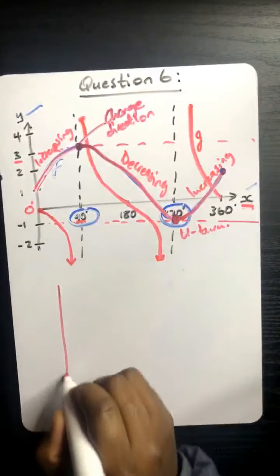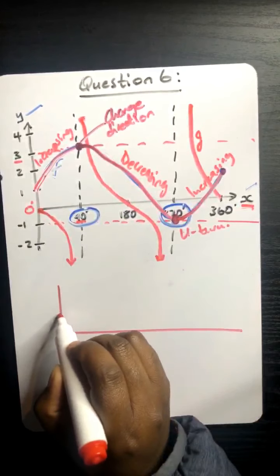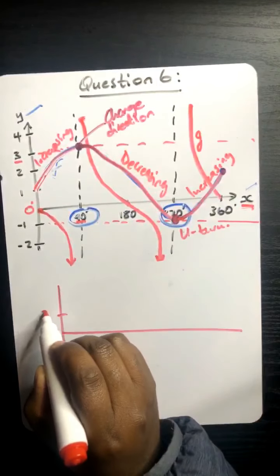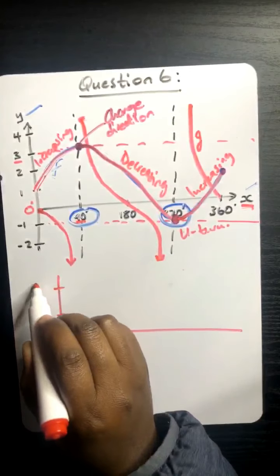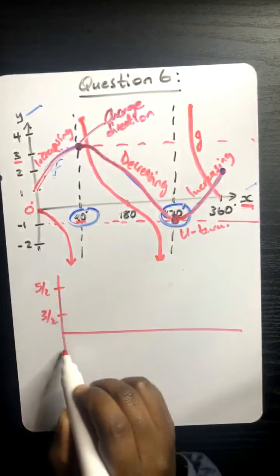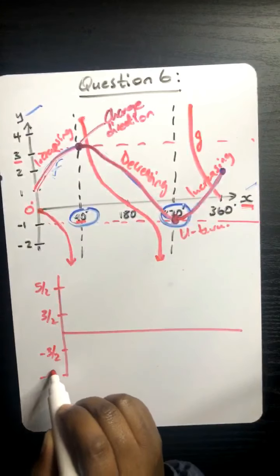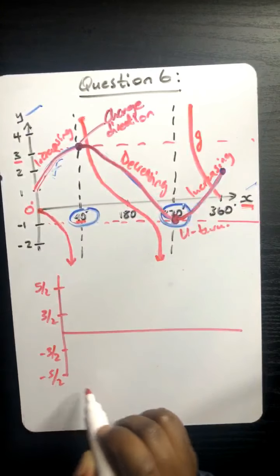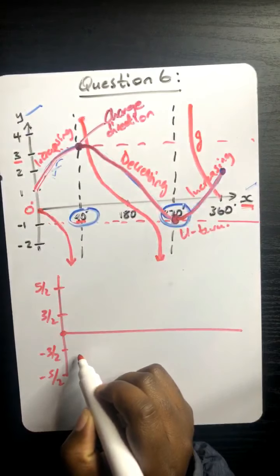Let's say we have this thing, Hamisa. Maybe there we've got 3/2. Over there, let's say we've got 5/2. Maybe -3/2, maybe -5/2.